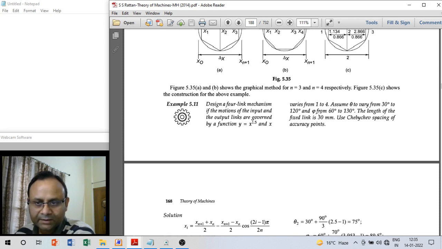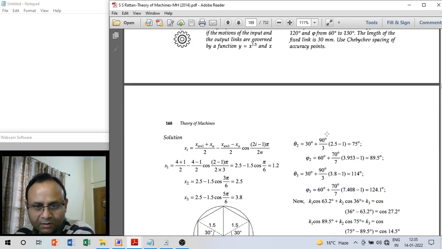And phi, that is the output link, it varies from 60 to 130. The length of the fixed link is 30 millimeter and use Chebyshev spacing of accuracy points. Okay, and how many accuracy points? It doesn't say. Generally it should specify. So let us see. They have done this problem by taking three accuracy points.